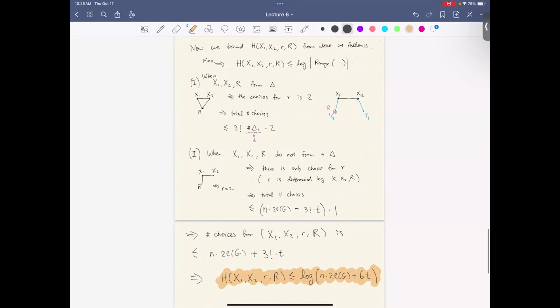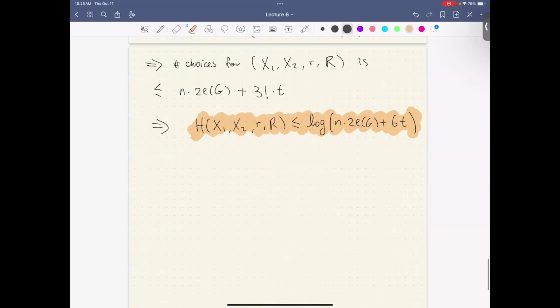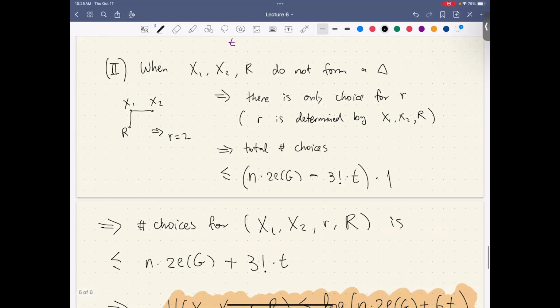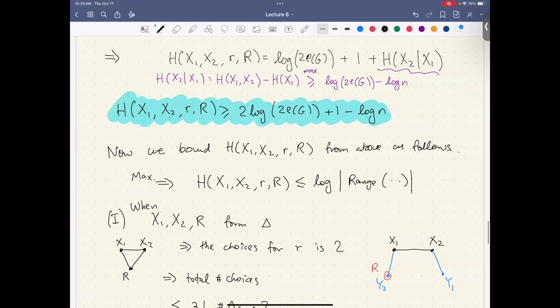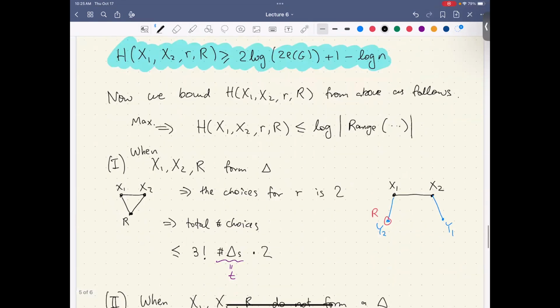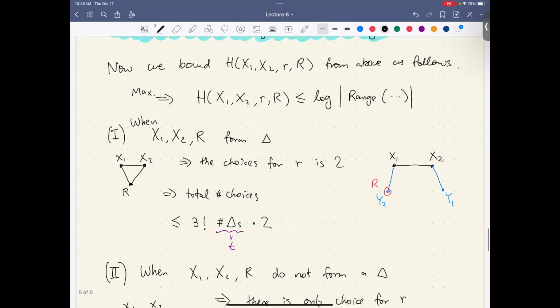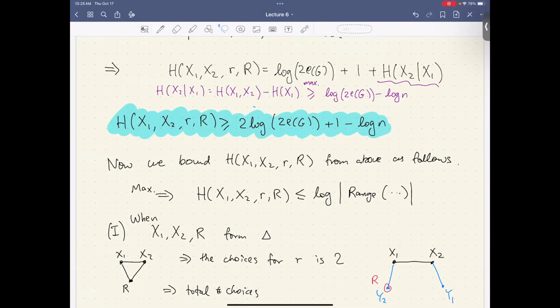We have, thus, how does it look like? 2 log 2e of g plus 1 minus log n. Oh, I can do this. Perfect.